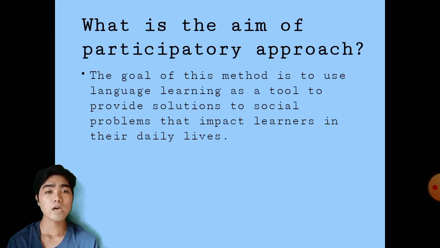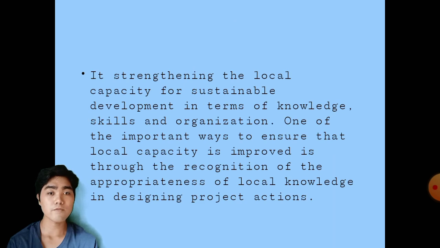So what is the aim of participatory approach? The goal of this method is to use language learning as a tool to provide solutions to social problems that impact learners in their daily lives. It strengthens the local capacity for sustainability development in terms of knowledge, skills, and organization.